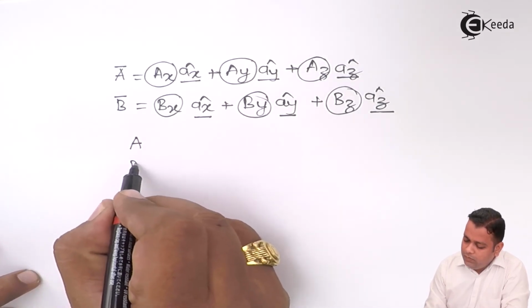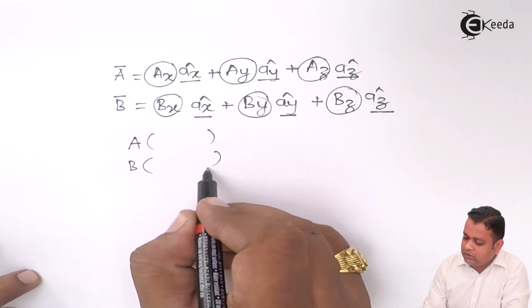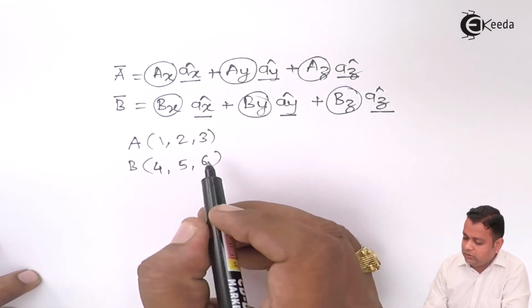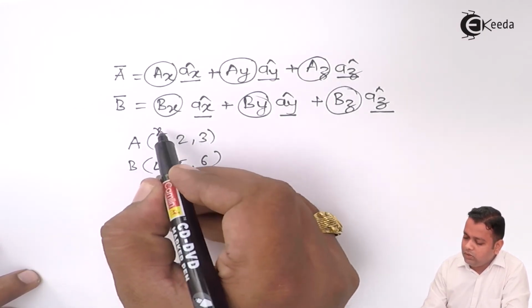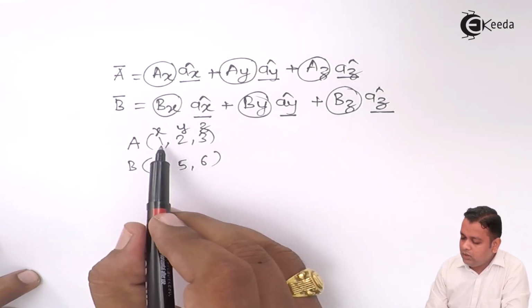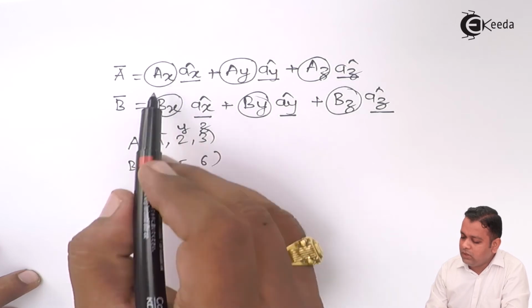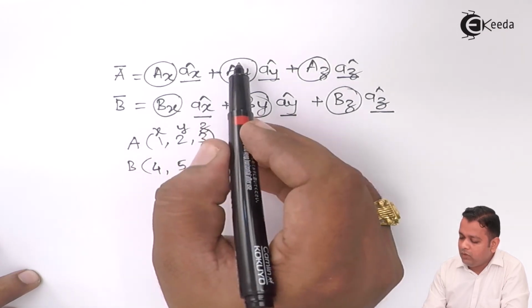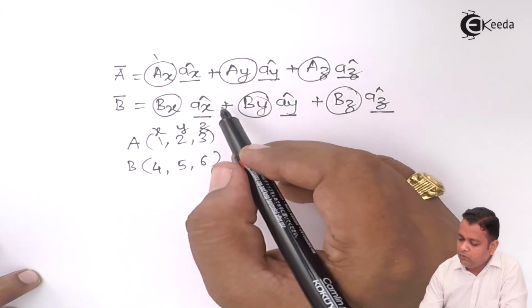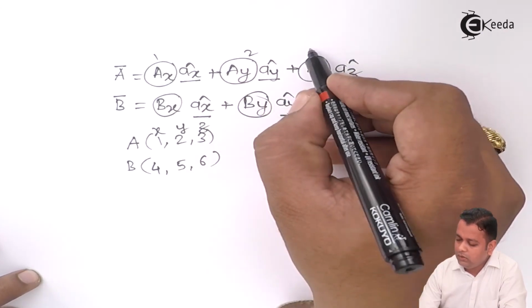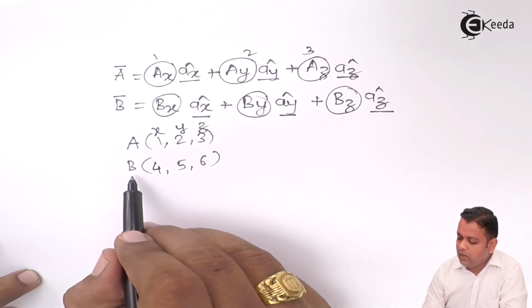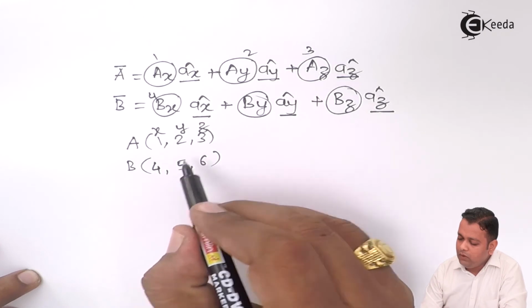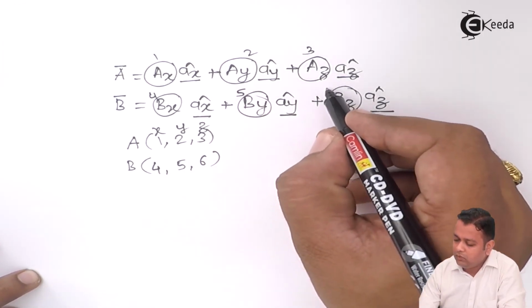For a and b, if in brackets we specify some coordinates, let us say 1, 2, 3 and 4, 5, 6, then 1, 2, 3 are nothing but the values of x, y and z. So in vector representation, we take Ax as the x coordinate equal to 1 of a, Ay as the y coordinate 2 of a. So Ax will have 1, Ay will have 2 and Az will have 3. Similarly for b having coordinates 4, 5, 6, Bx will get the value 4, By will get the value 5, Bz will get the value 6.